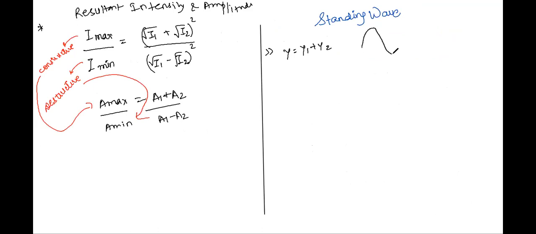The condition is that the waves should be coming from opposite directions. Karuna, now will you remember that waves coming from opposite directions don't cause interference, they cause standing waves. Don't make this mistake, okay? So let's say we have two waves coming from opposite directions. They interfere, they superimpose each other and form a standing wave, right?